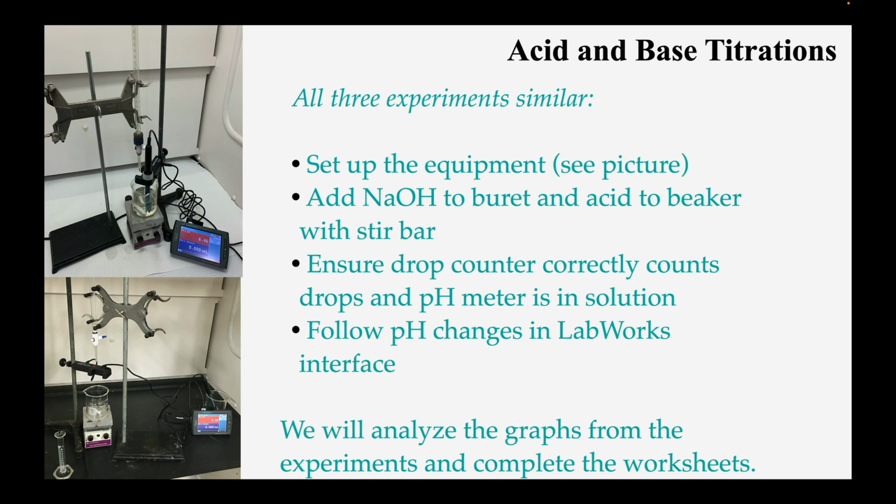In the lower left-hand corner, this piece right here, which I'm circling, that's the drop counter. It basically sends a beam of light, and as the drops go through, it counts a drop. Because it's light, you can't have the drops go through too fast, because a stream of drops would look like just one big drop.